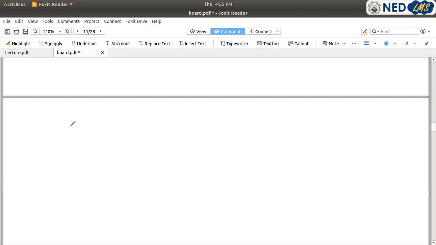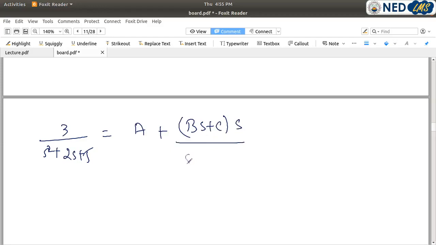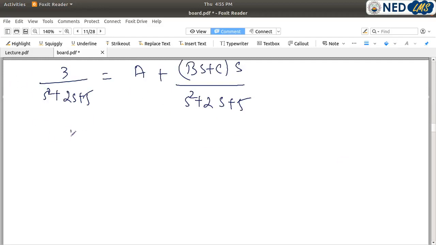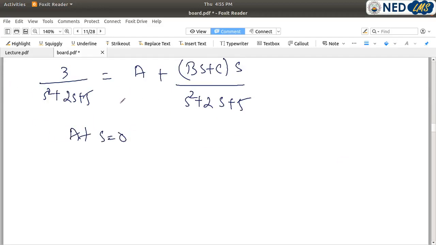The 3 over s square plus 2s plus 5 is equals to a plus bs plus c into s over s square plus 2s plus 5. At s is equals to 0, this equation will become 3 over 5, and a plus this whole term will become 0. So the value of a is 3 by 5.